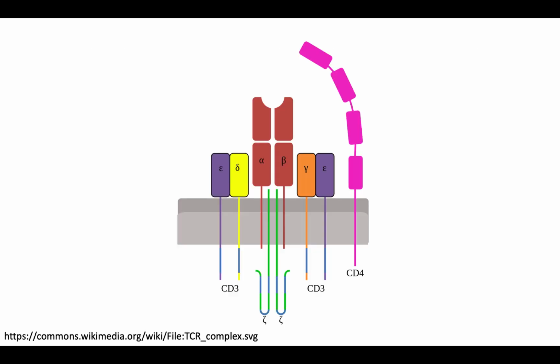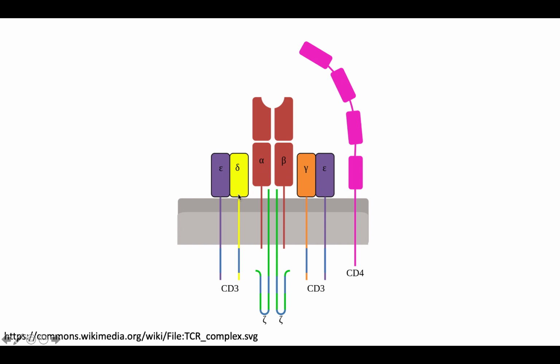So before we get into this, let's do a small review about the T cell receptor that is bound in this case here to, زي ما حكينا, it's always bound to CD3.